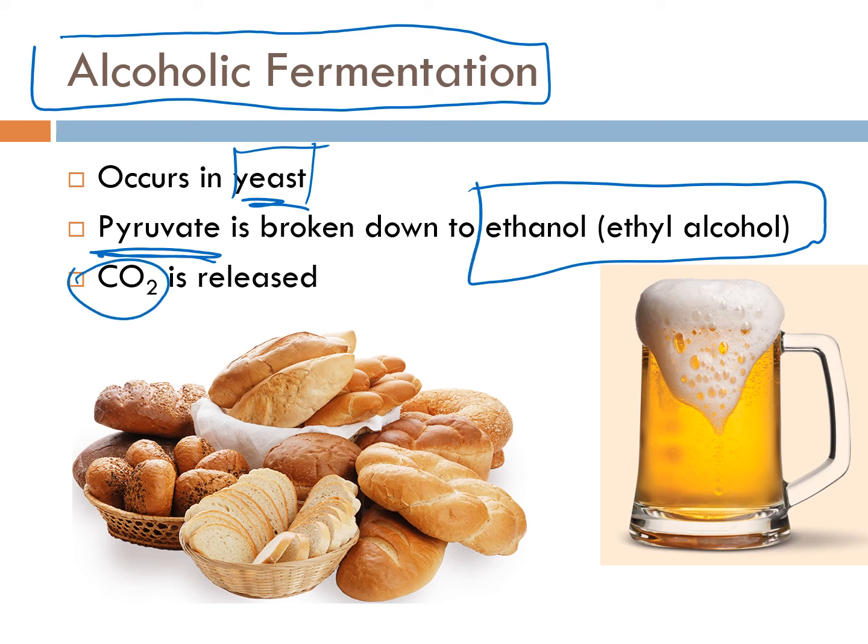So if somebody bakes, technically they are producing ethanol when they're baking. The thing is, you don't really get drunk off of eating bread, because ethanol has a low boiling point. When it reaches that temperature, it's going to boil off, and there's not really going to be any alcohol in the bread.